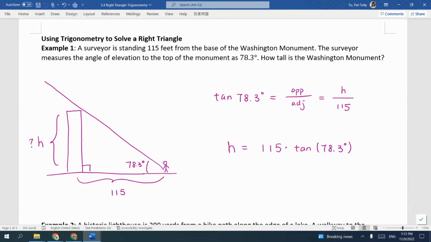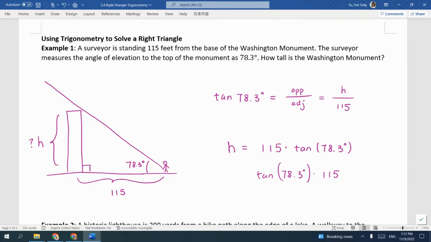But sometimes if there is confusion, like if you put tangent 78.3 degrees times 115, well, this is very confusing. Do you mean we multiply the 115 inside the tangent or outside of the tangent? So if there is confusion, then you'd better put parentheses.